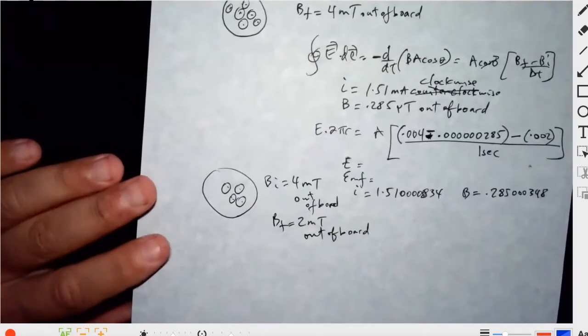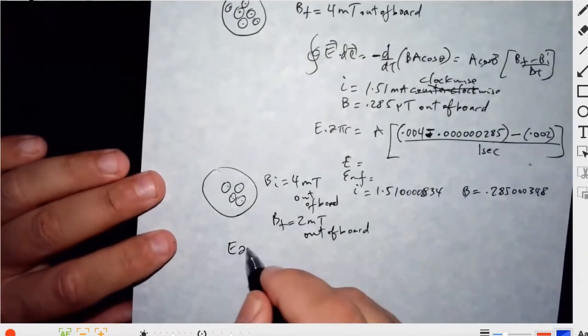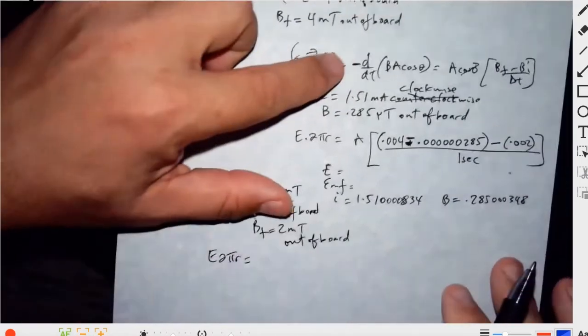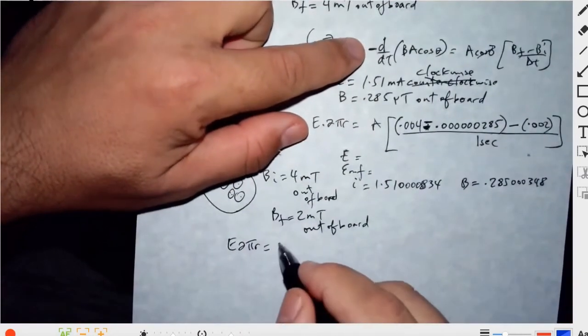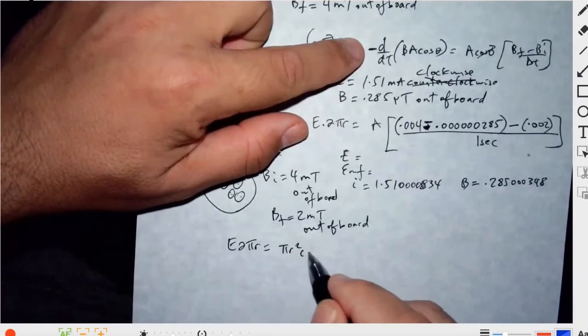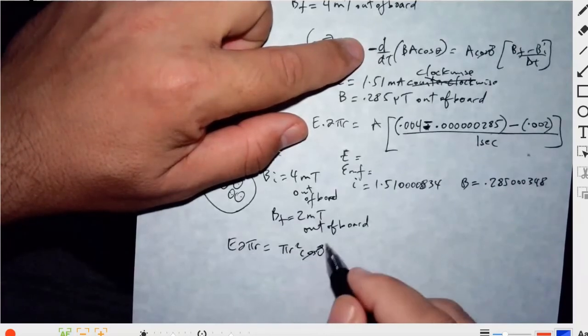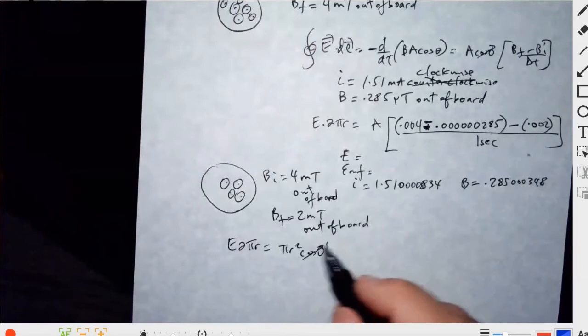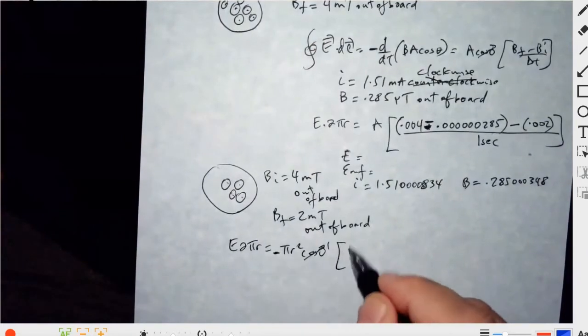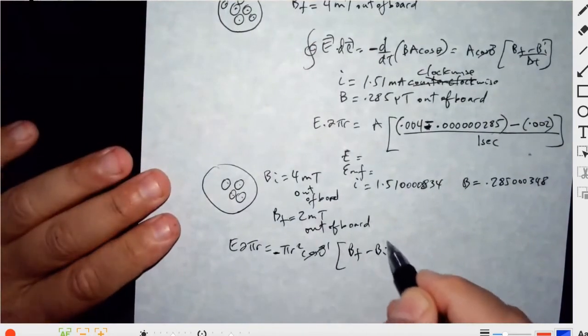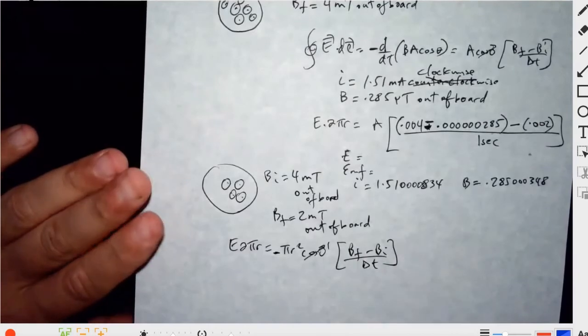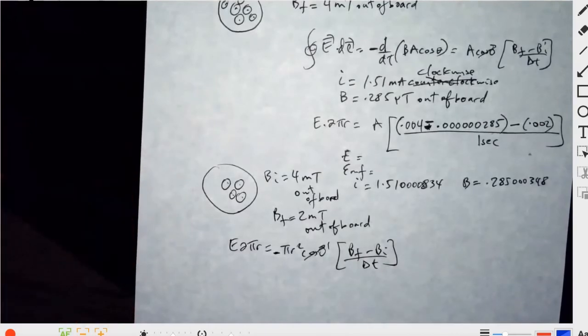So then what's going to happen? E 2 pi r. So we could go through the same kind of calculation. A times cosine 0. So now you have here, there's a negative. So now you have B final minus B initial over delta t. You see?